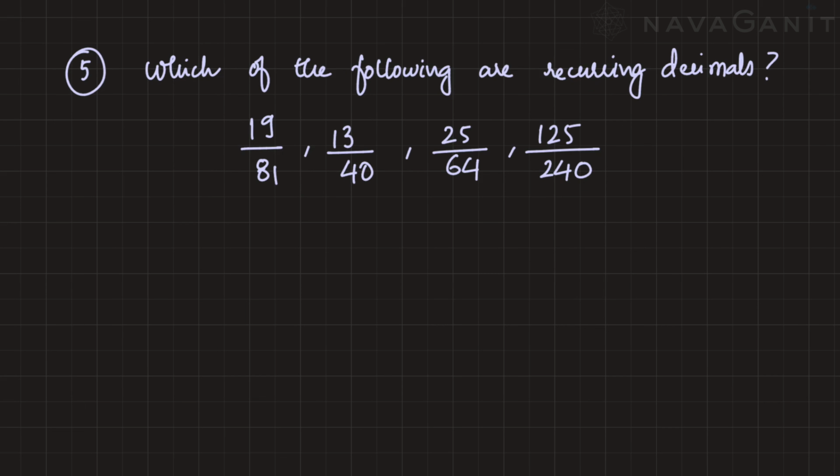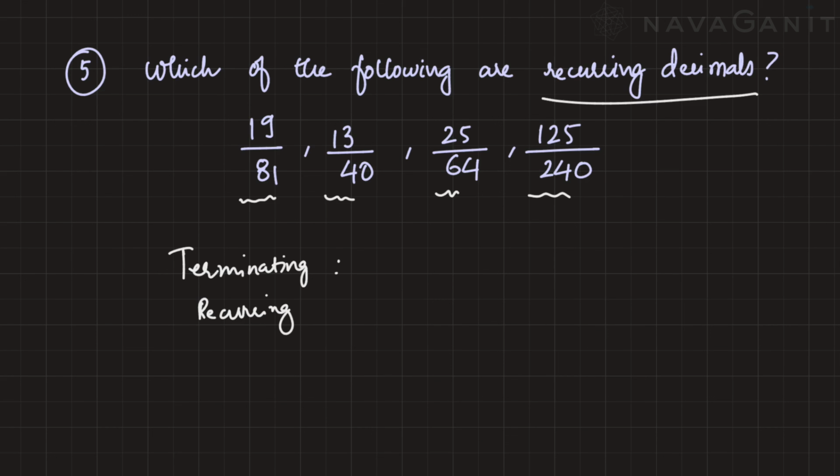Next, we have an interesting problem. We are given 4 fractions, and of these we need to find which of them are recurring decimals. So if you remember from the earlier lessons, a decimal could either be terminating or recurring.